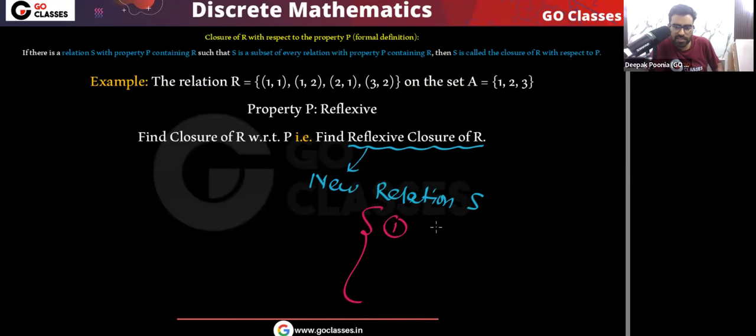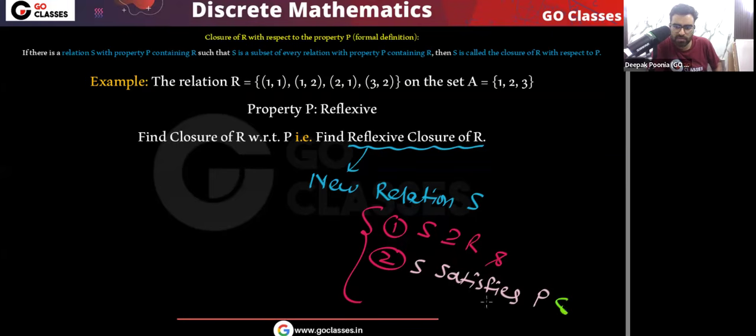This S must contain R. Also, this S must satisfy property P. And this S must be smallest, smallest among all relations which satisfy properties 1 and 2.